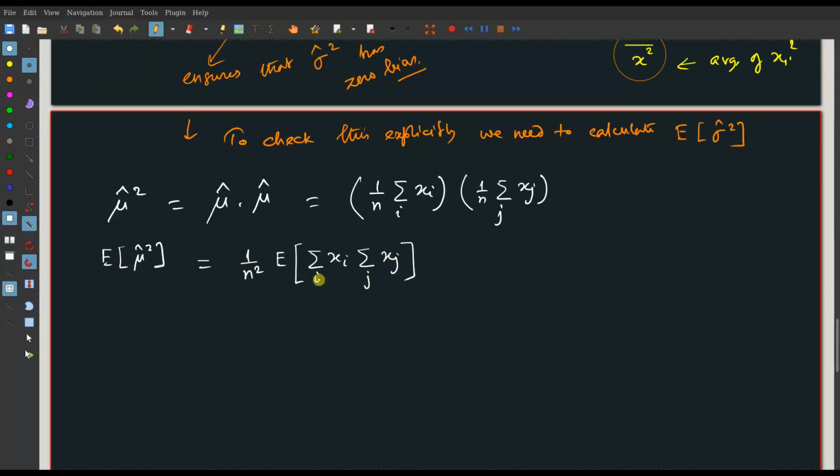So I take the summation over i and j outside, with 1 over n square, and this is just the expectation value of xi xj.